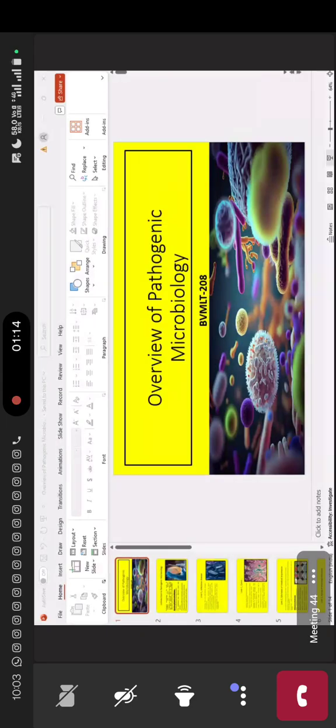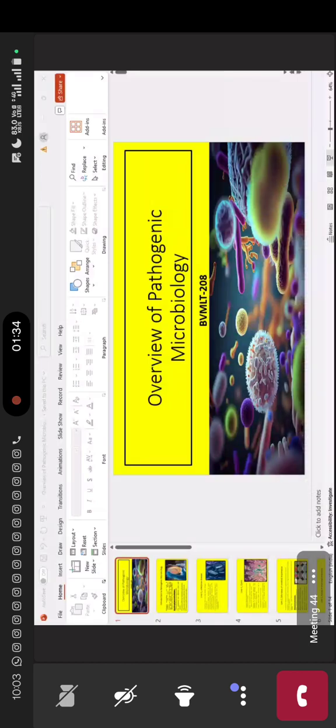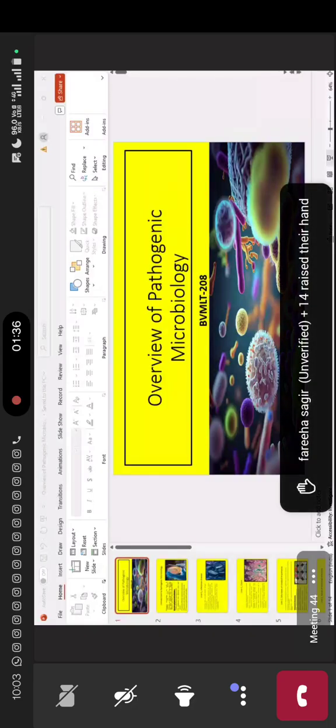pathogenic microbiology. Because see, microbes are of two types. They are pathogens or they are commensals. So commensals are those microorganisms which are the normal flora of our body, meaning they normally live in our body, and in return they don't cause any harmful effects on our body.